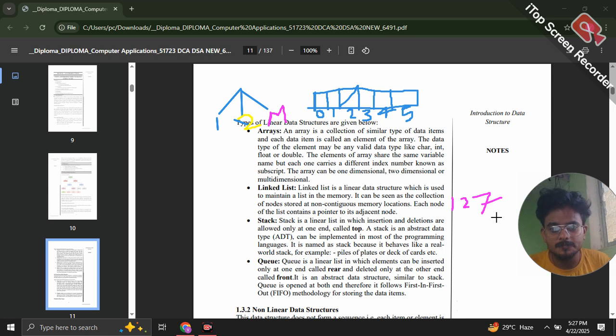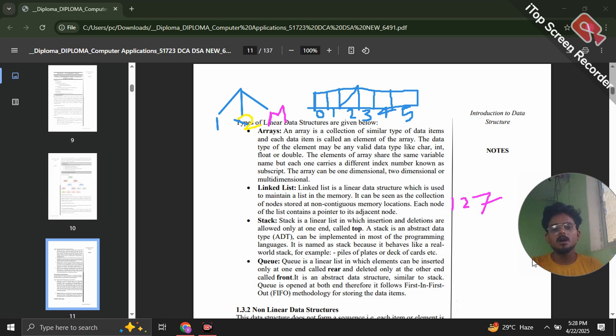Stack is a linear data structure, a linear list in which insertions and deletions are done at only one end. You see piles of plates or a deck of cards. Have you ever played cards, where there's a king, a queen in a card? You might have played.